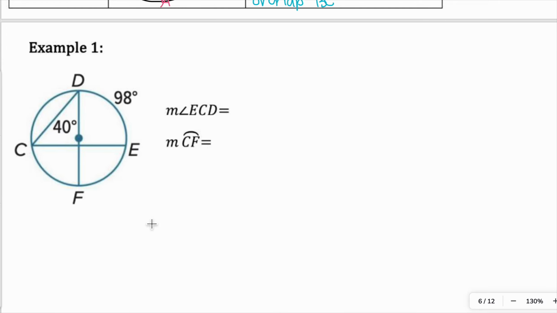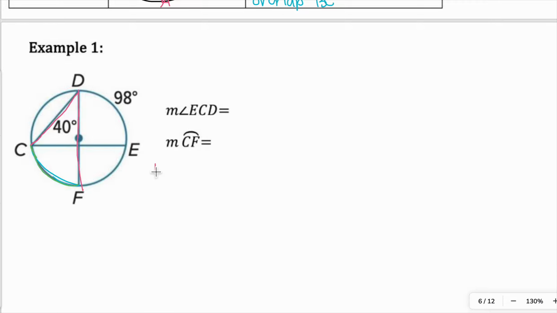So example 1, we're going to find the measurement of ECD first, and then the measurement of CF. CF might be a little bit easier to decide because CF is this arc here, and CF is being intercepted by this angle CDF.